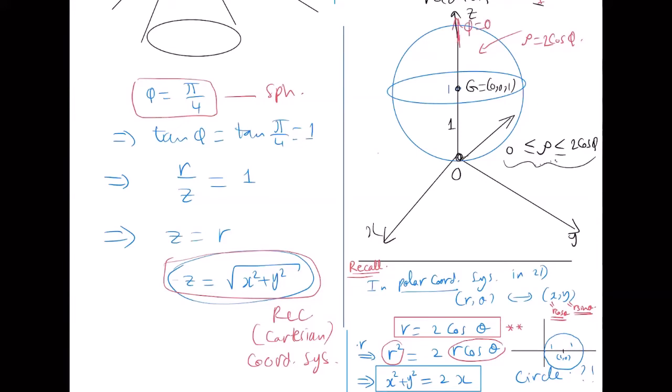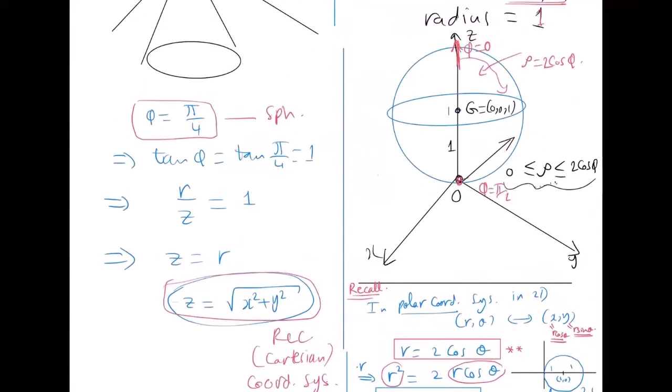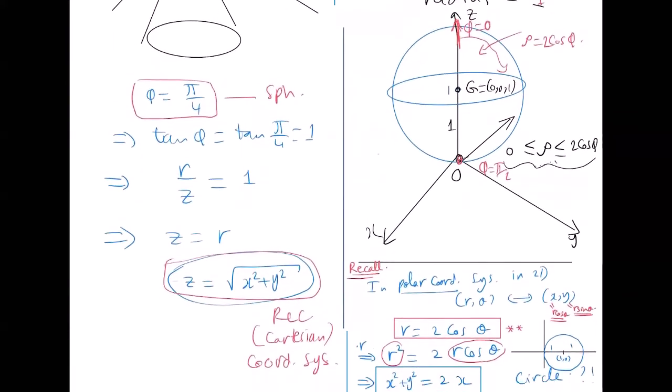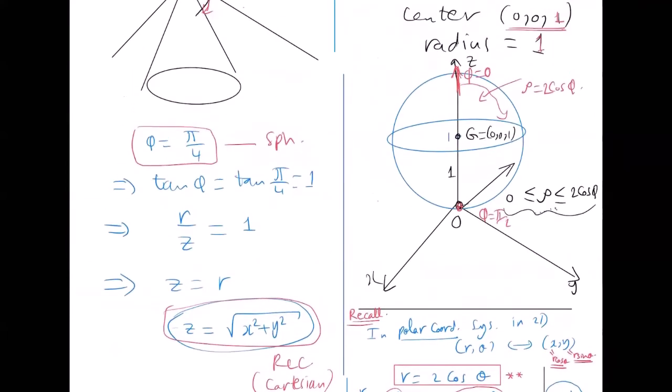Phi begins at the z-axis and moves to the last point here, which is phi equals pi over 2. You don't go to phi equals pi here, because there are no points under the xy plane. So these are the bounds of the points inside this domain, this sphere. Okay.